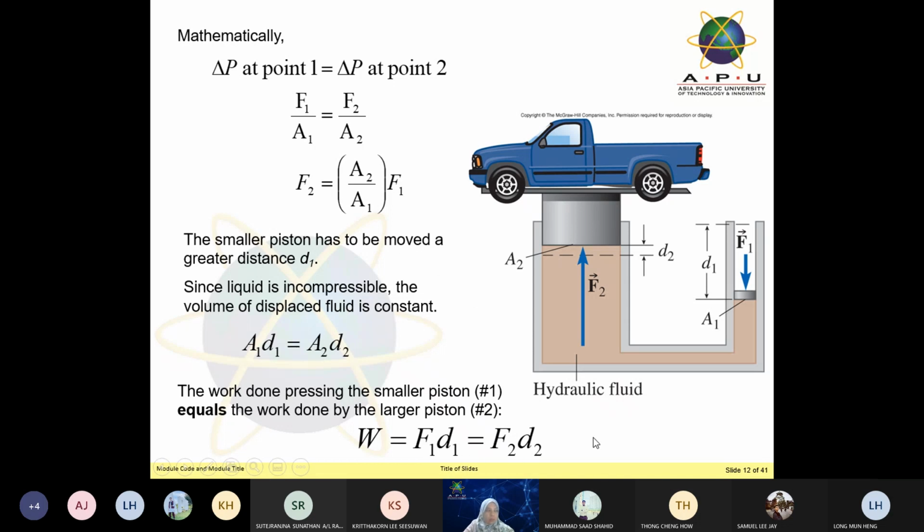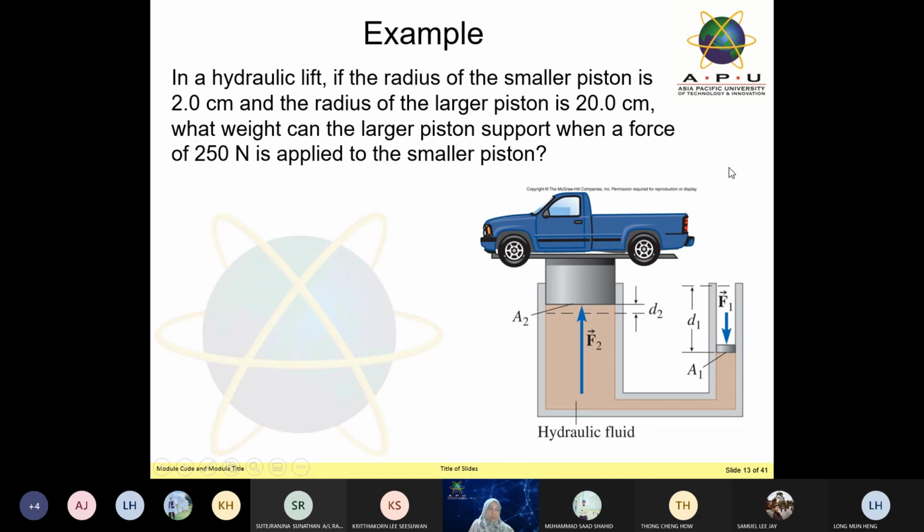Okay. So by using the formula just now, try to answer this example here. In a hydraulic lift, if the radius of the smaller piston is 2 centimeter, okay, why they give you the radius?